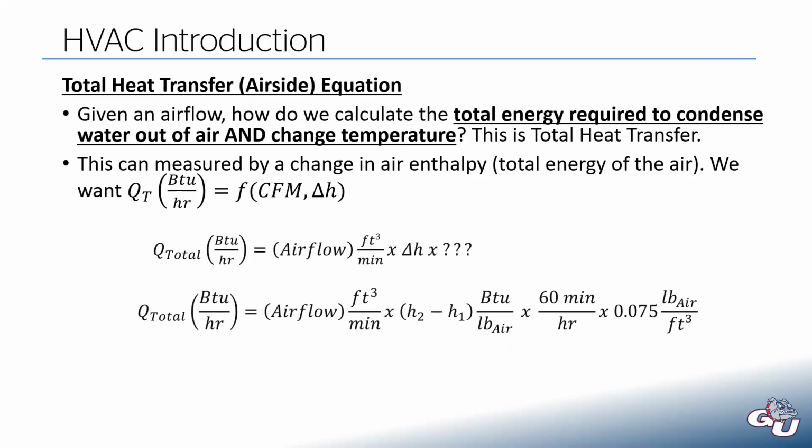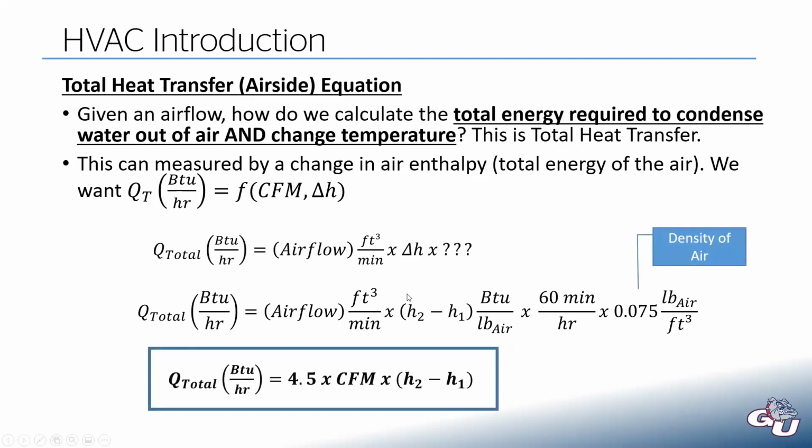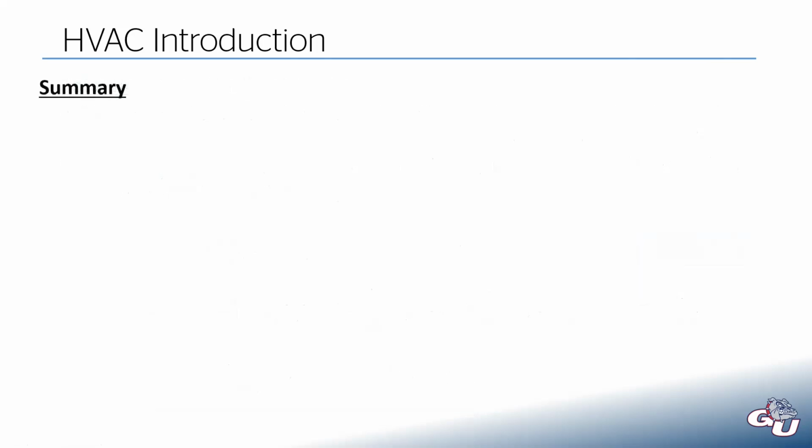Similar steps. Density of air shows up again, delta H. So our Q total is 4.5 times CFM times our delta H. So H2 would be our ending state, H1 would be our starting state before the heating or cooling coil. Well, before and after that coil.